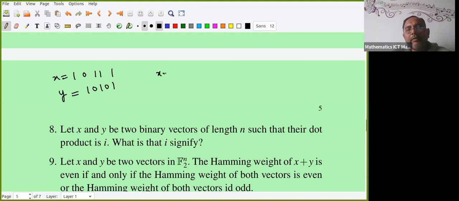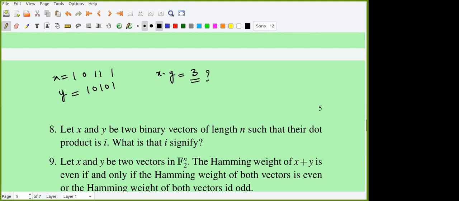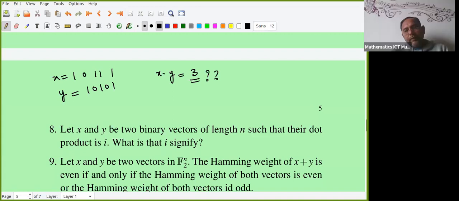What is the dot product of these two? You know, right? How to do dot product. One into 1 plus 0 into 0 plus 1 into 1 plus 1 into 0 plus 1 into 1, right? What is the answer? 3. This is 3. Why is this 3? So that is the question.